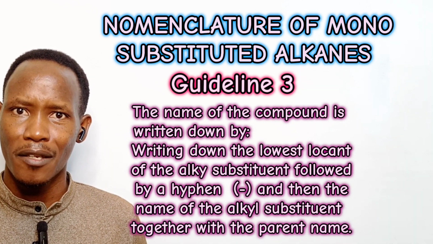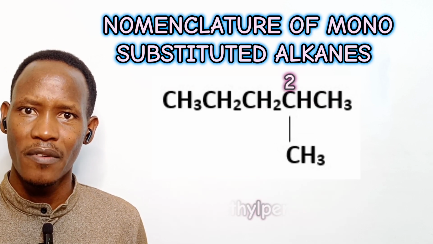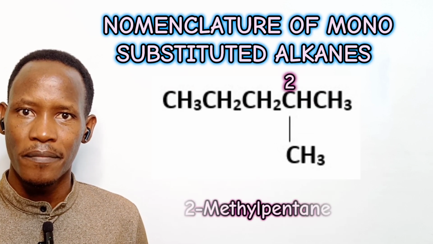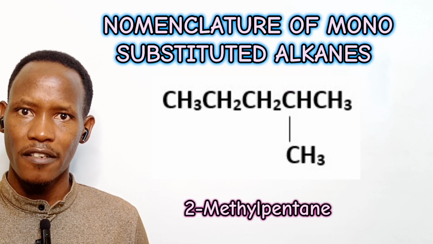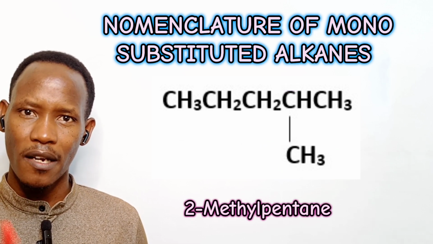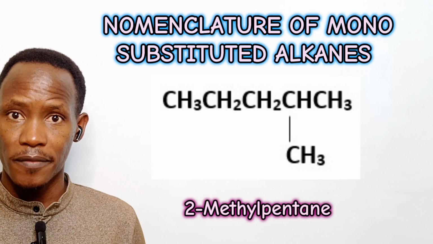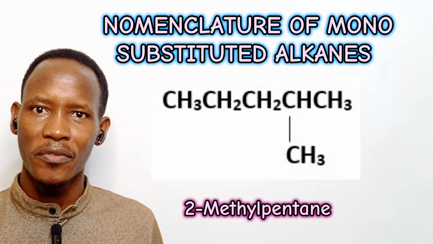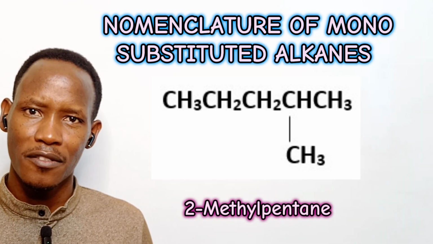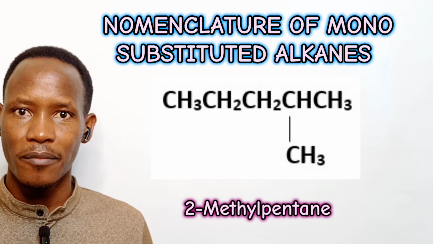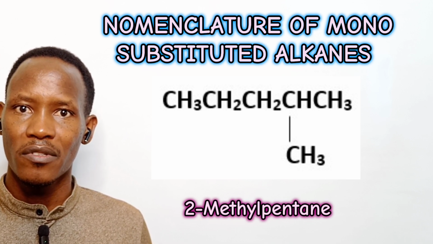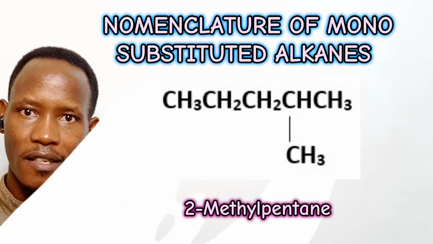So quickly, the name of our compound is 2-methylpentane. There is no space between the name of the alkyl group and pentane. This being said, I welcome you to the classroom where we shall actively name a given compound by following the guidelines.